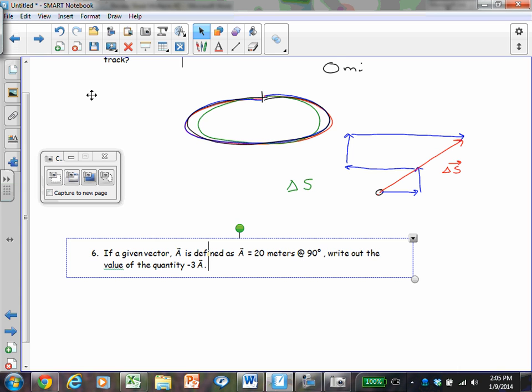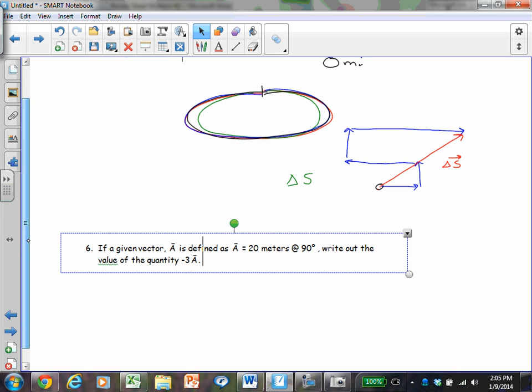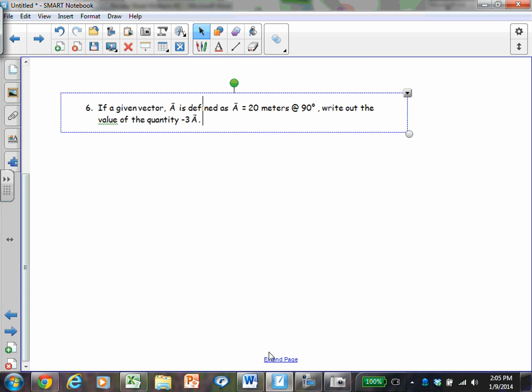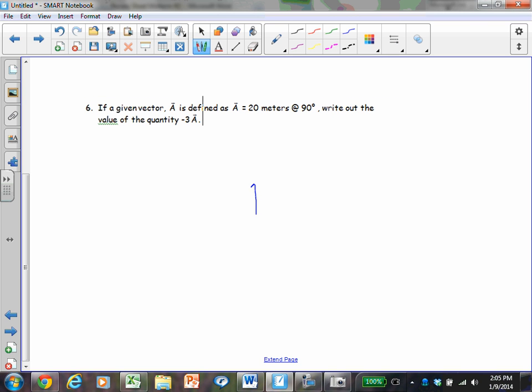Okay, so if a given vector A is defined as A equals 20 meters at 90 degrees, write out the value of the quantity minus 3A. So 20 meters at 90 degrees might look like that if we do it on a typical XY graph, where this is 90 degrees right here.